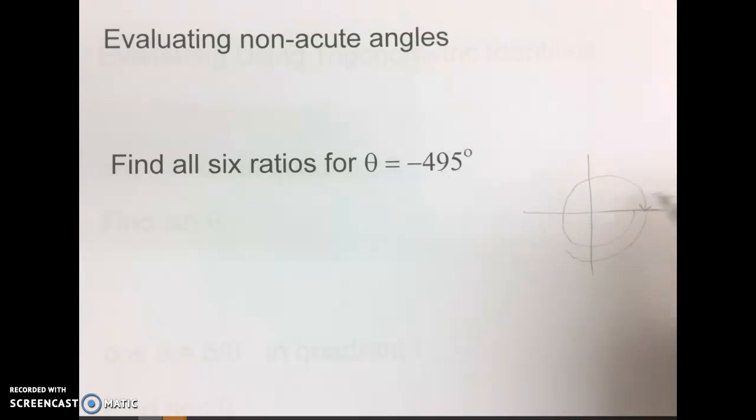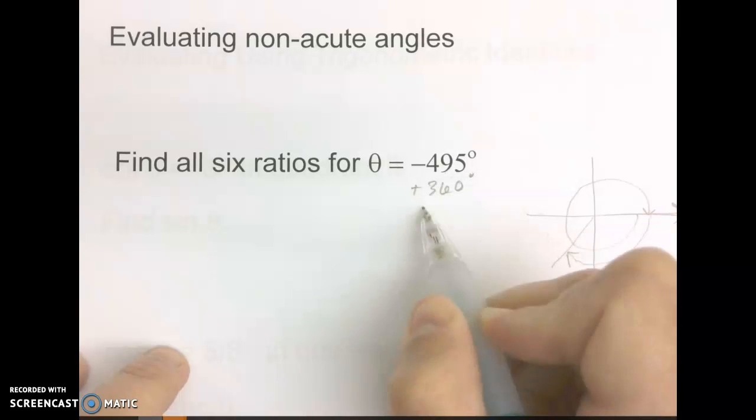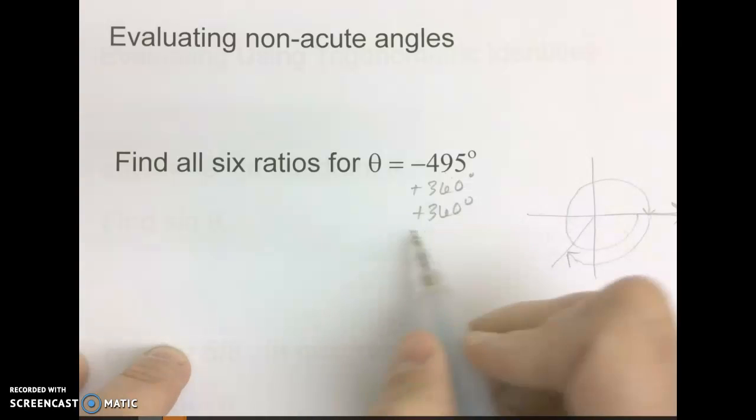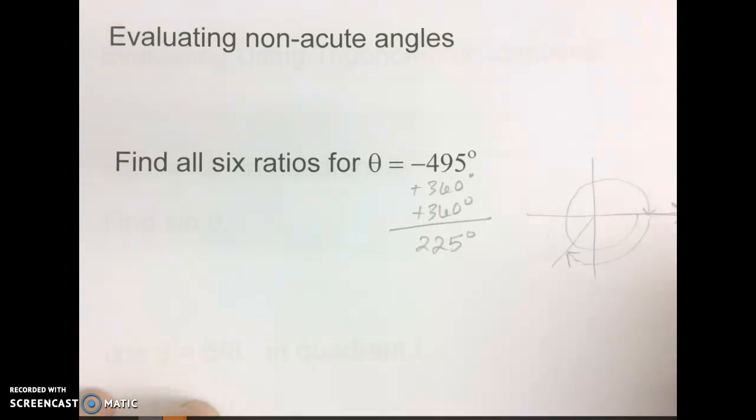Okay, so here would be my terminal side. But instead of doing that, I could just add 360 and then add another 360 to get a positive angle. So negative 495 plus 360 again is 225 degrees. So that's this angle right here, 225. If I were to take the short way, the short way would be negative 135.